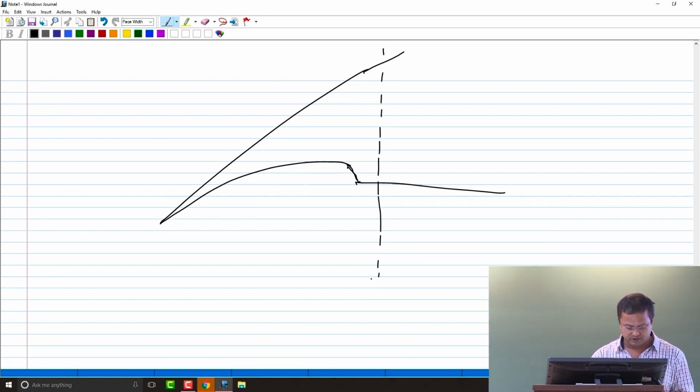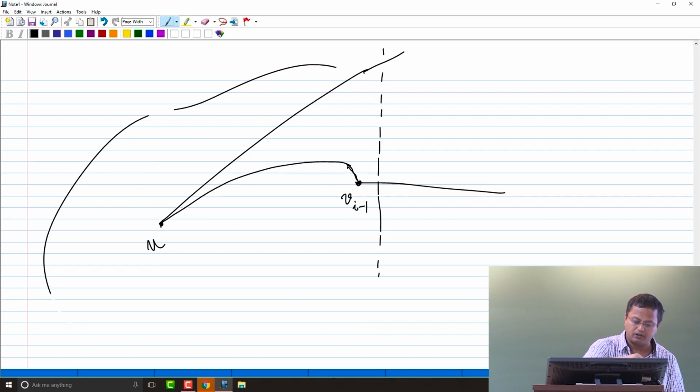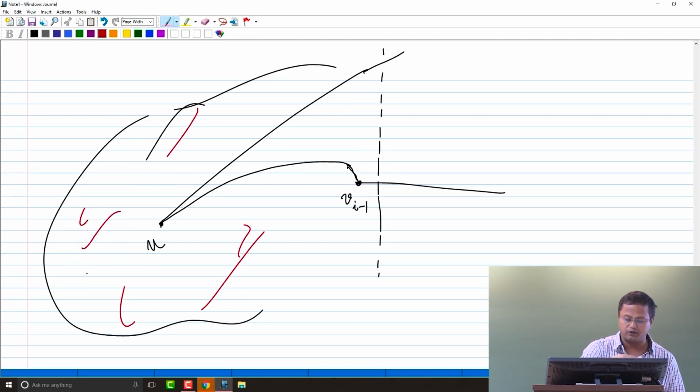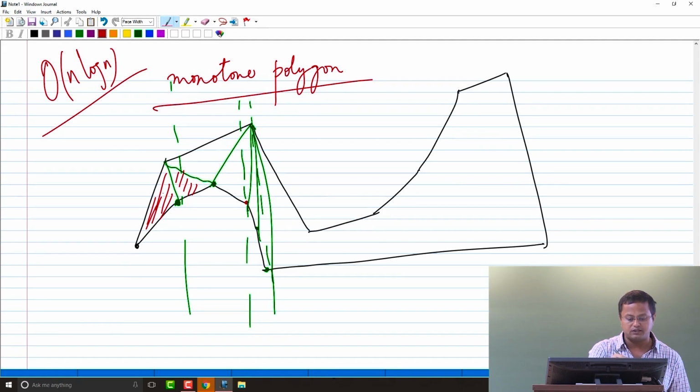So, this is your V I minus 1, the vertex I minus 1, and this is your u. There can be other parts of the polygon that I have already been able to triangulate. So, forget that part which I have already triangulated. Remember, I was progressing with these triangulations.